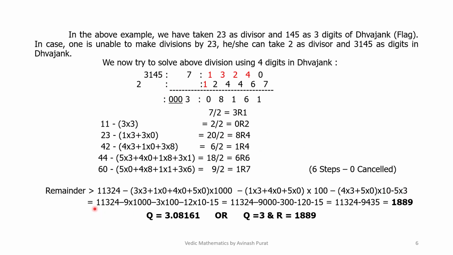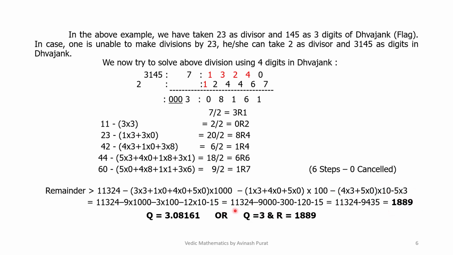So that is equal to 11,324, 9 multiplied by 1000 plus minus 3 multiplied by 100 minus 12 multiplied by 10 minus 15.